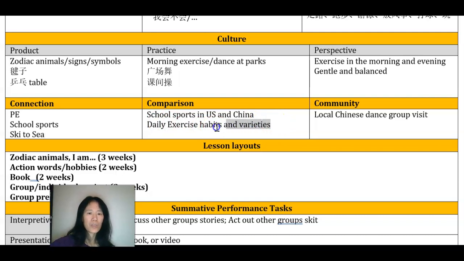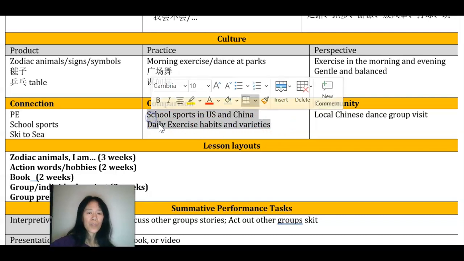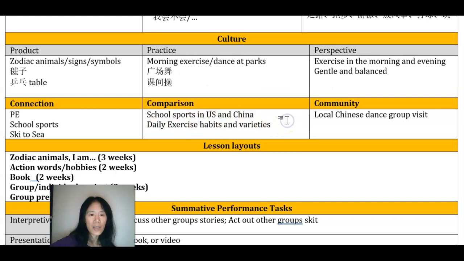Comparison: compare school sports or after school sports in the US and China, or with their own family, and daily exercise habits and their family exercise habits. I'm hoping we'll show some videos from authentic materials from China, and students will make connections and comparisons.